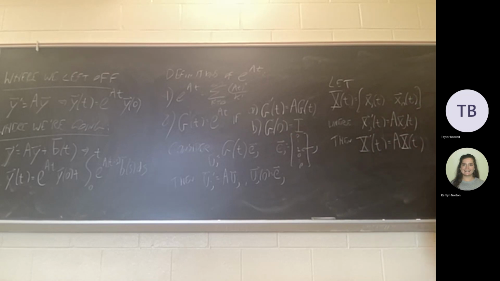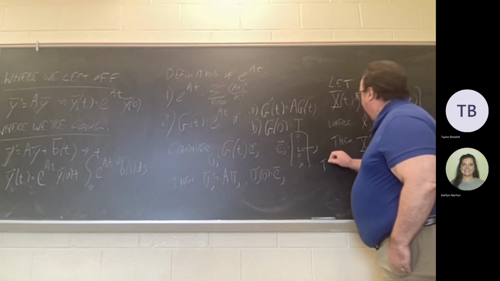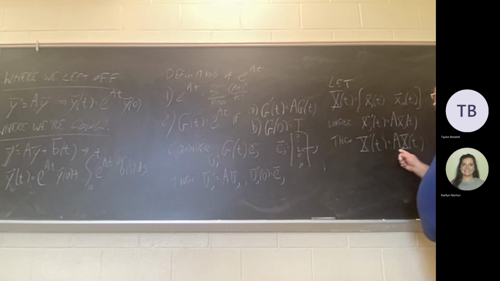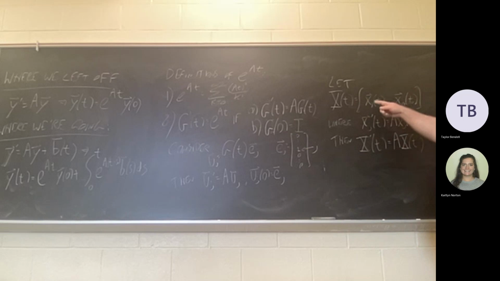I can get anything. But each one of these columns is a solution to this linear ODE. Therefore, if I take any linear combination of these solutions, it's also a solution.